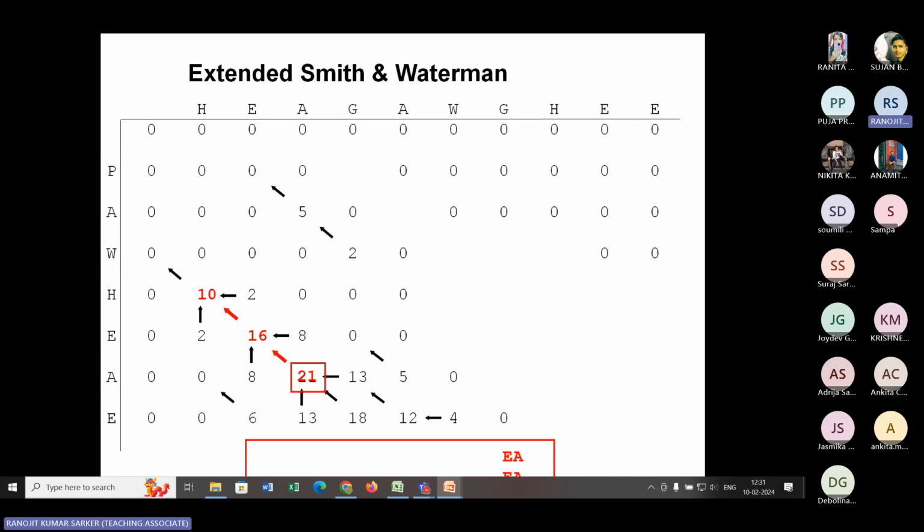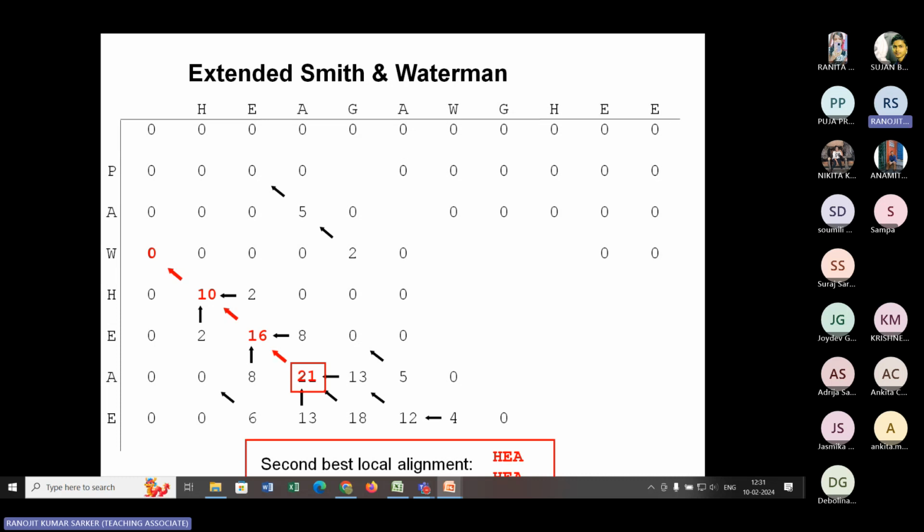Then you see we are in the cell having value 10. Again we are coming in the diagonal path, so you will align this cell H by H. Now you are encountering the 0 and you can end the alignment. This is the second best local alignment.